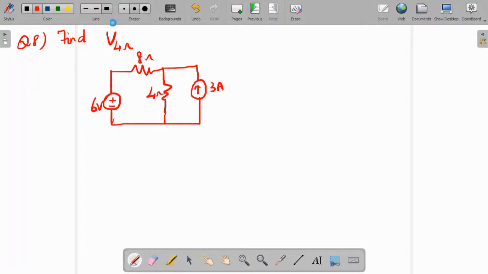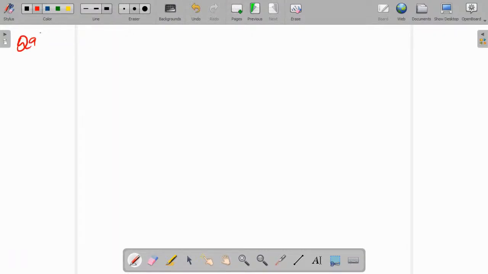Next question number 9 is find the value of RL. So first question is find RL and the maximum power consumed by RL.